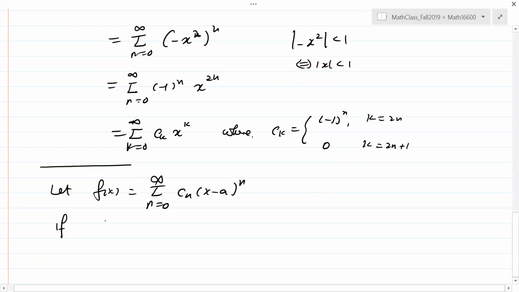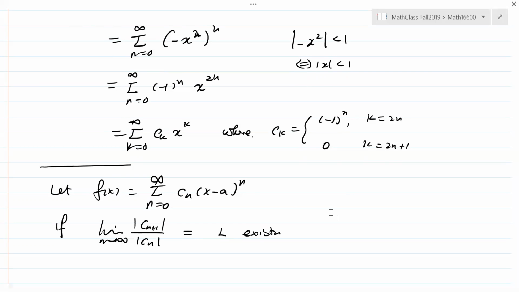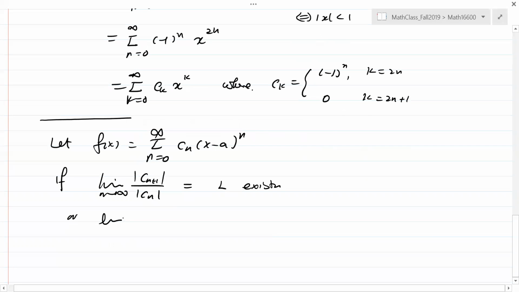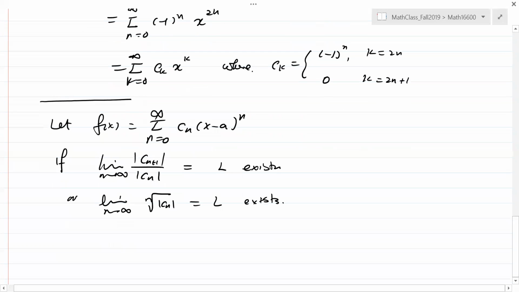So we know that if this limit equals L exists, okay, then it happens because this is not a whole, this is just a series, right?